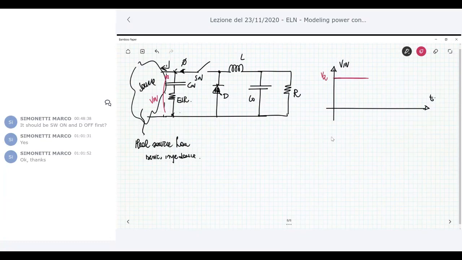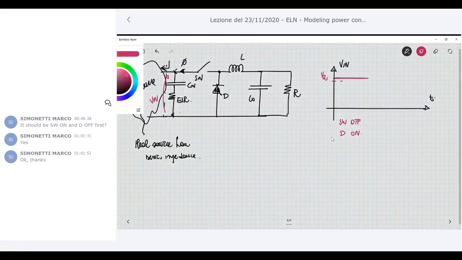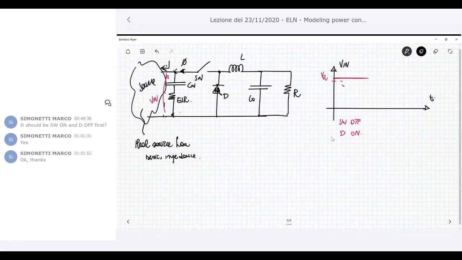Here the switch is off, so the diode is on. This voltage V2 that appears at the input side is a little bit higher than what you have without any ESR, in our steady state analysis that we previously did in the previous lecture.